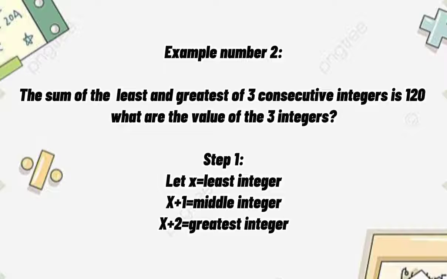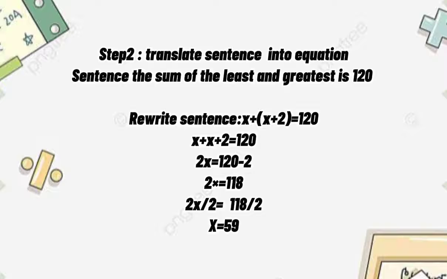Before you proceed, you should have this so that you have a basis for what you need to answer. Correct, guys? After step 1, where we got the assigned variables, we proceed to step 2, which is to translate the sentence into an equation. The sentence: the sum of the least and greatest is 120.